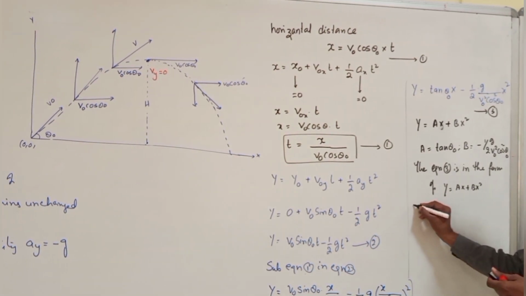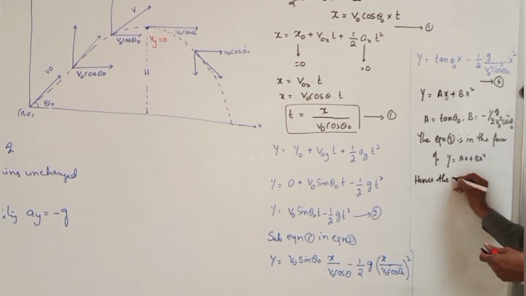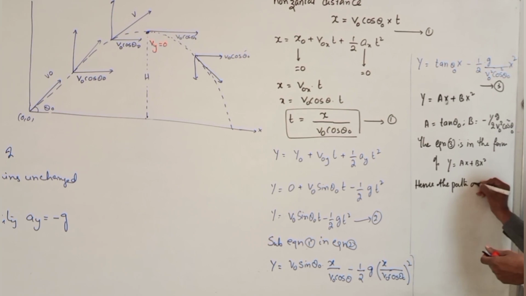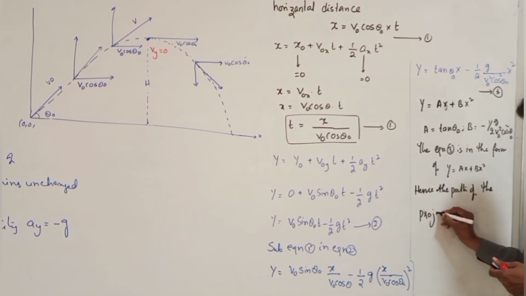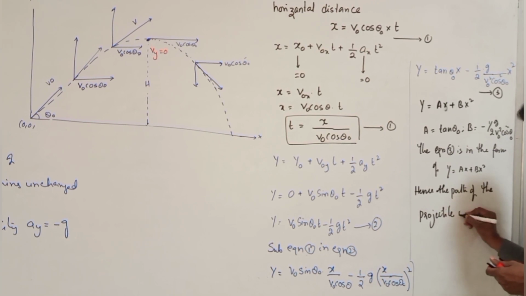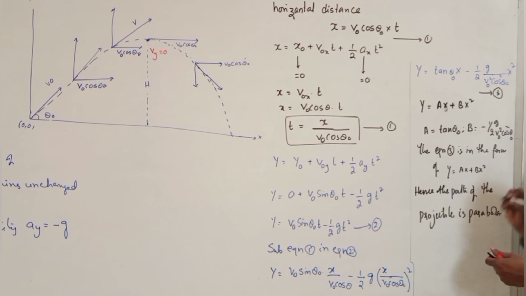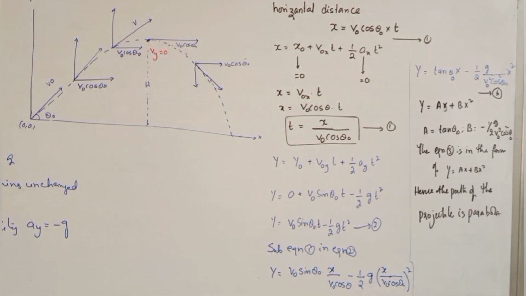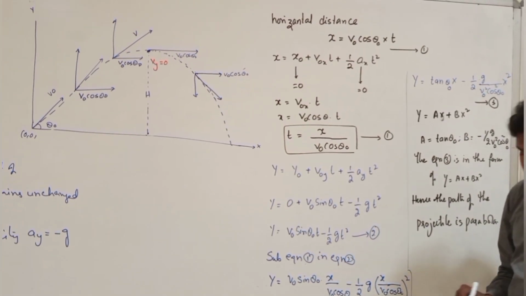Now hence the path of the projectile is a parabola. Path of the projectile is a parabola.